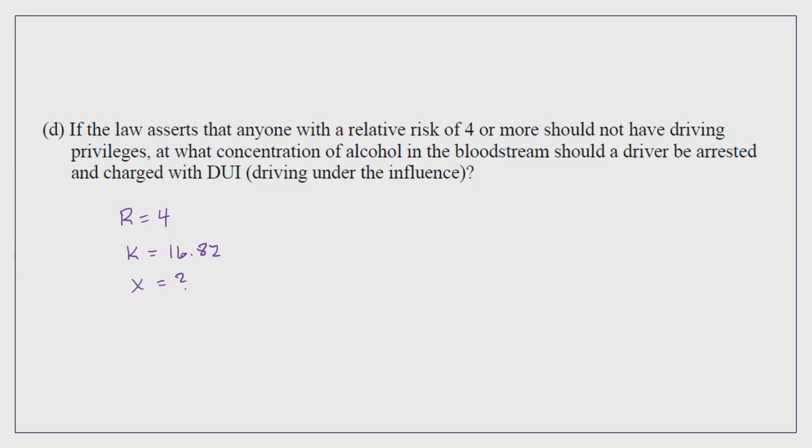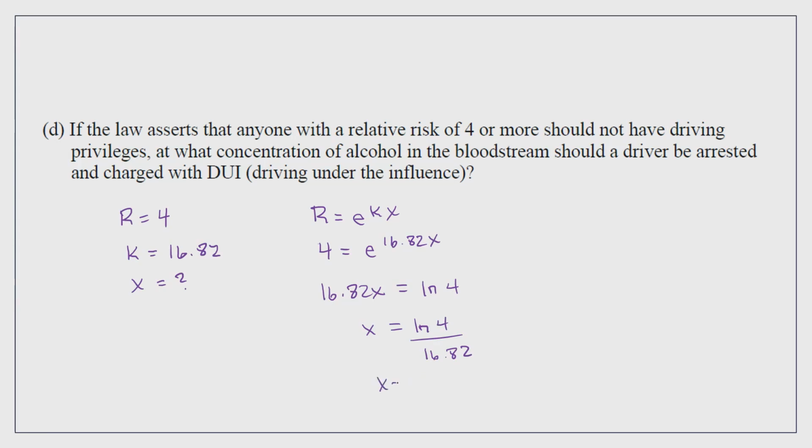Okay. So our function is r equals e to the power kx. R here is 4, and k is 16.82. So rewriting this as a log, we'll have 16.82x equals the natural log of 4. So x equals the natural log of 4 divided by 16.82.